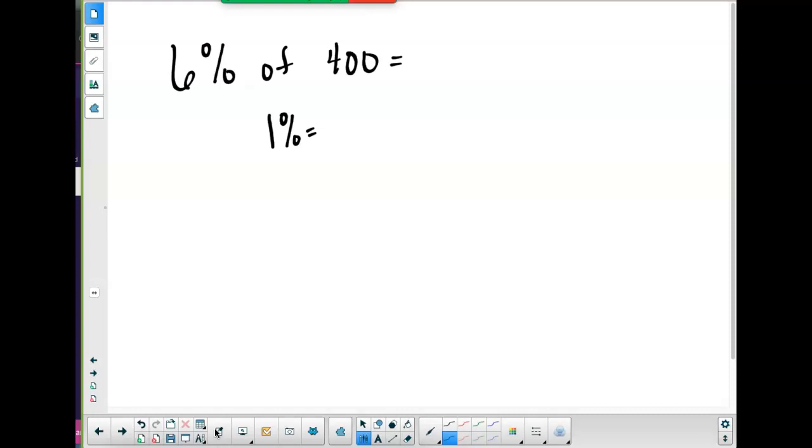What is 1% of 400? 4. Right? We're just going to move our decimal 2 places. If 1% is 4, 1 times 6 is 6, so do 4 times 6 is 24. 6% is 24.